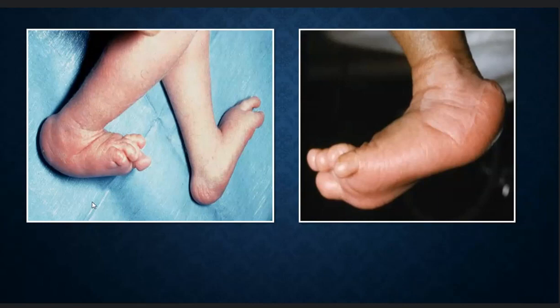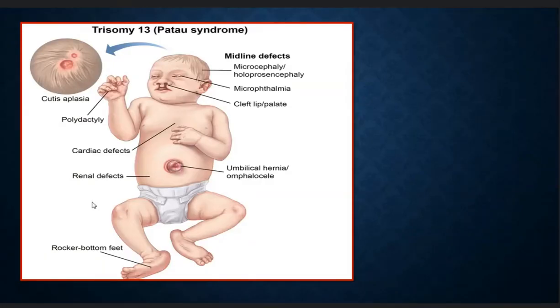Now we will go to the other trisomy, which is lower in incidence. This is called trisomy 13, Patau syndrome. Here the incidence is about 1 in 10,000 and maybe even up to 20,000. From its name, the extra chromosome here is found in chromosome 13, of course.